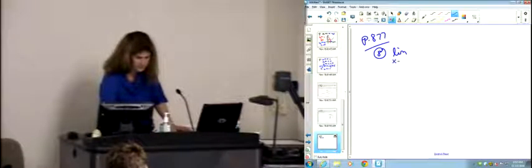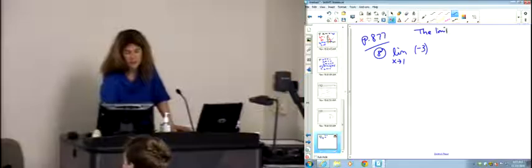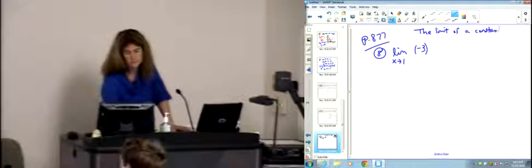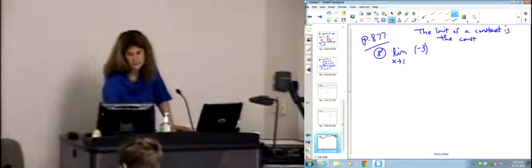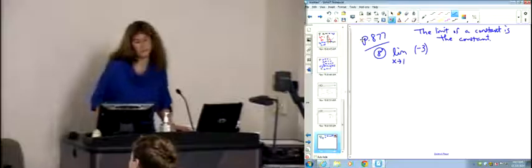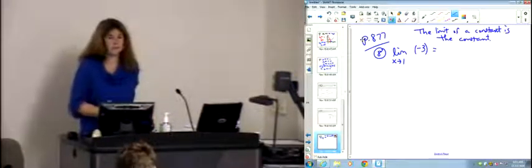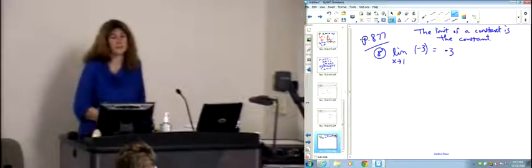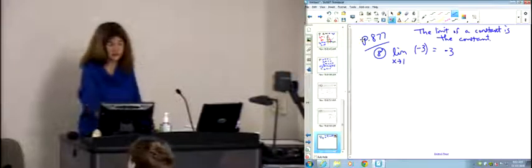There it says the limit as x approaches 1 of -3. Okay, so that tells me this value should be -3. The limit of just a numerical value, no variable.